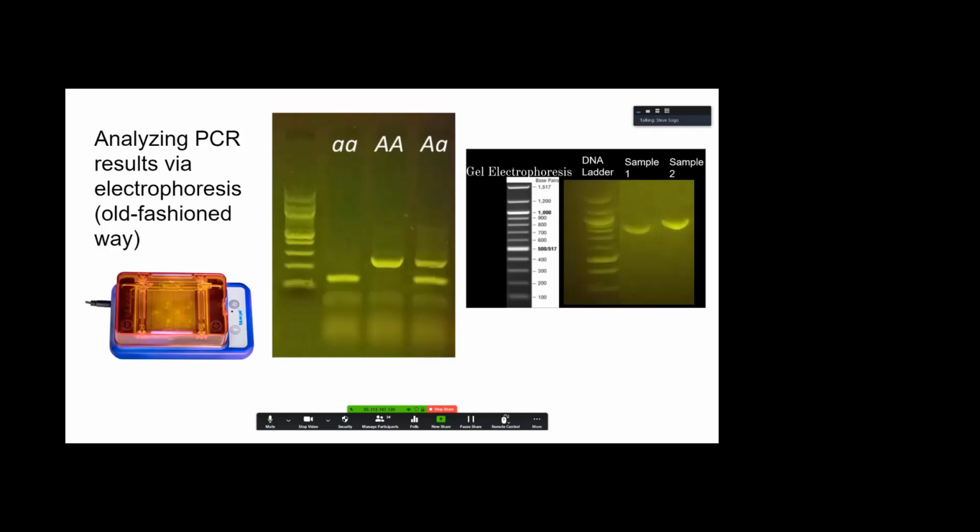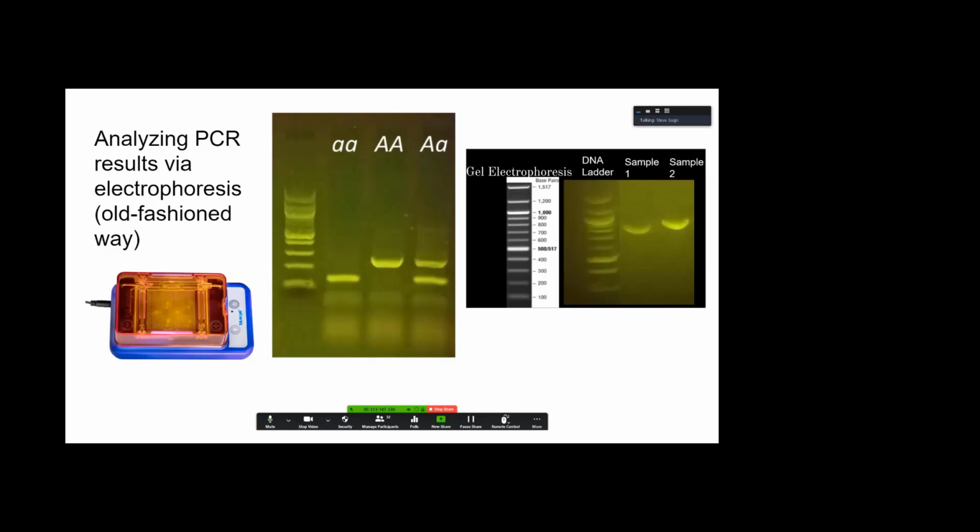And the question is, are you homozygous or heterozygous for this particular gene? And this person has only this type of DNA and is therefore homozygous. They called it little a. This person has only this type of DNA, is homozygous for big A. And this person clearly has both types of DNA and therefore is heterozygous, one big A, one little a. It's not important that you understand that, but if you do, then you learned something in bio, great.